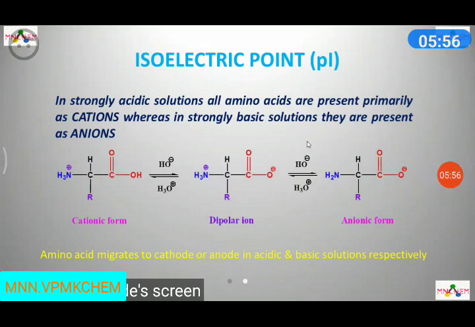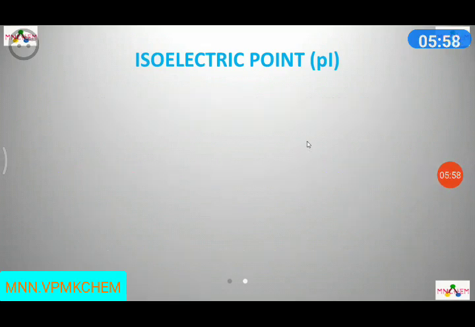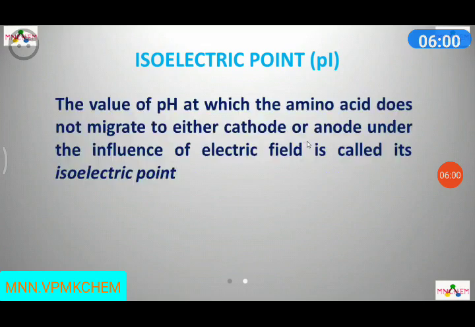So now we are going to define the isoelectric point. It is defined as the value of pH at which the amino acid does not migrate to either cathode or anode under the influence of an electric field.